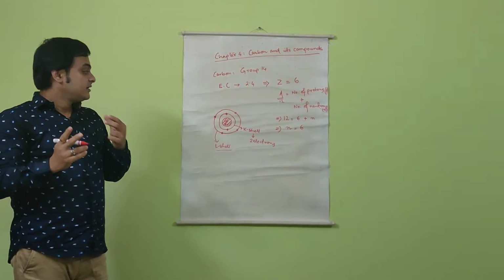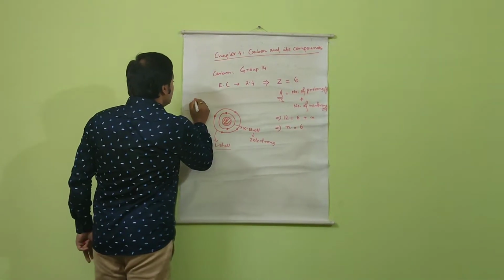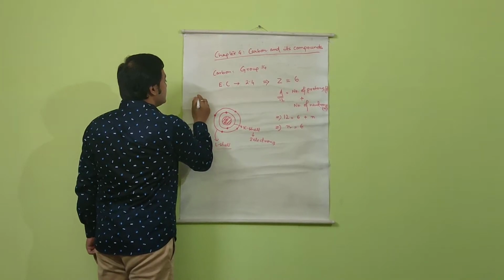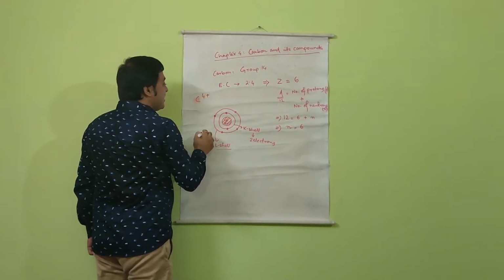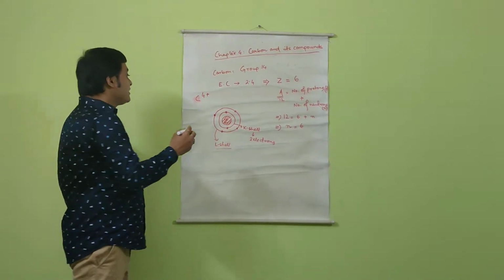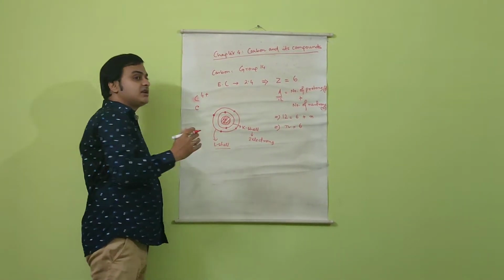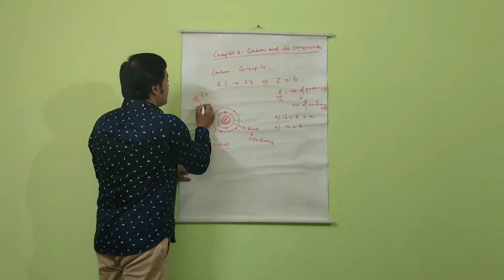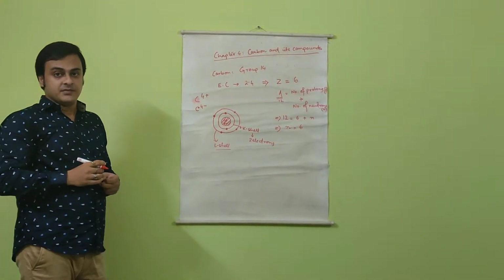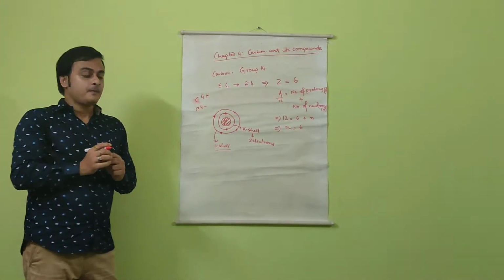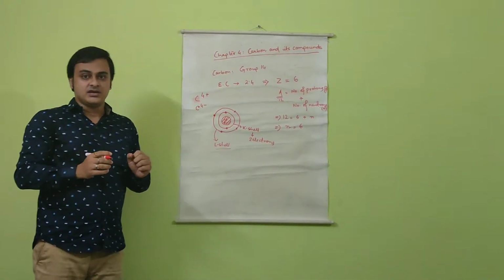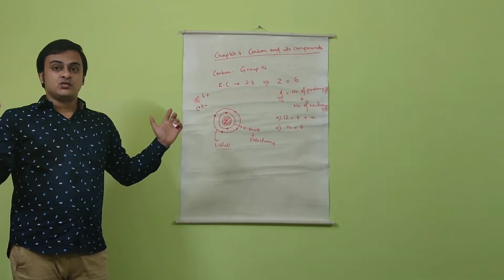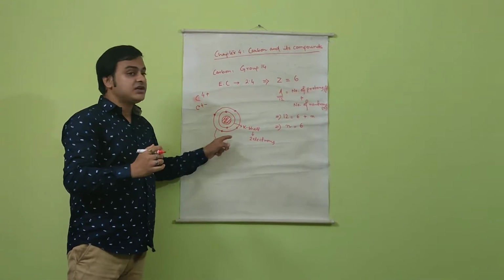There are two ways. Either it can lose the 4 electrons and thereby get transformed to C4+, or carbon can gain 4 electrons, take electrons from others and become C4-. But carbon is a small atom and the electrons are bound by the nucleus, and for a small atom like carbon, it does not have the capacity to hold 4 more electrons.